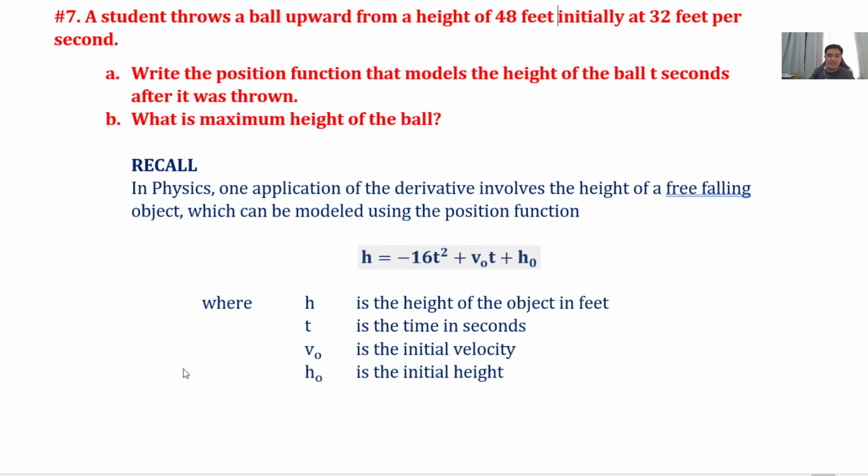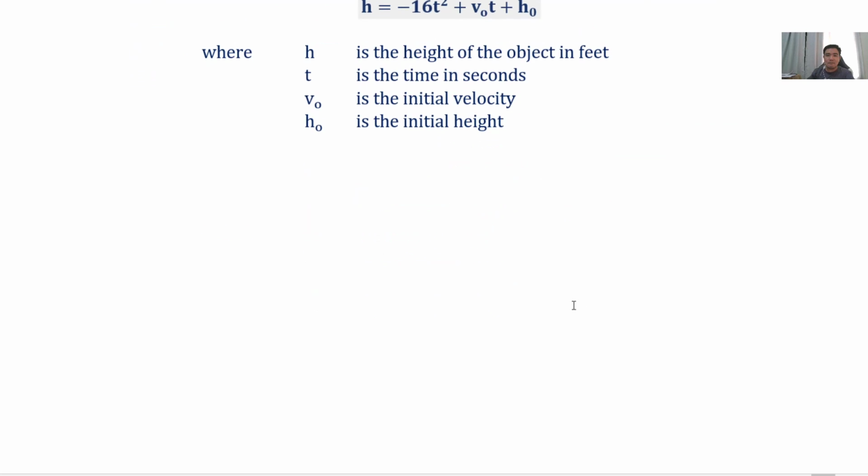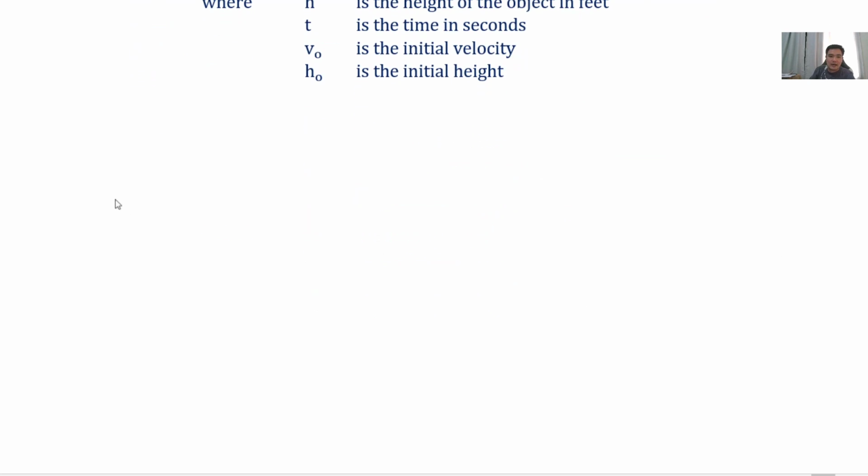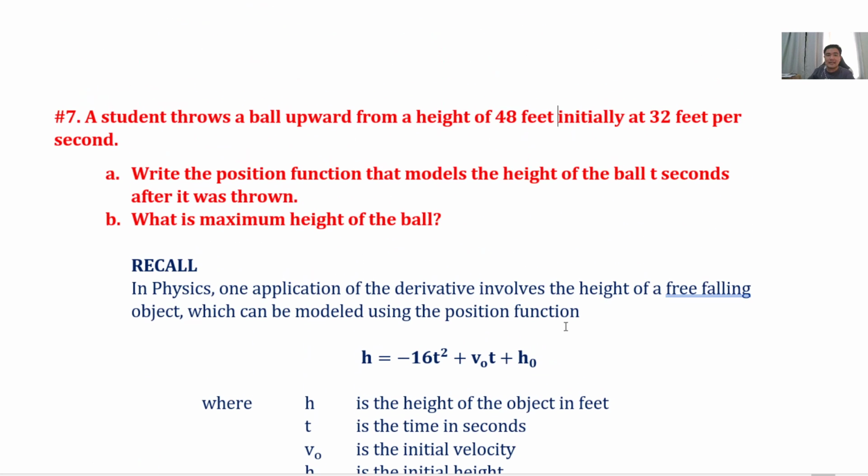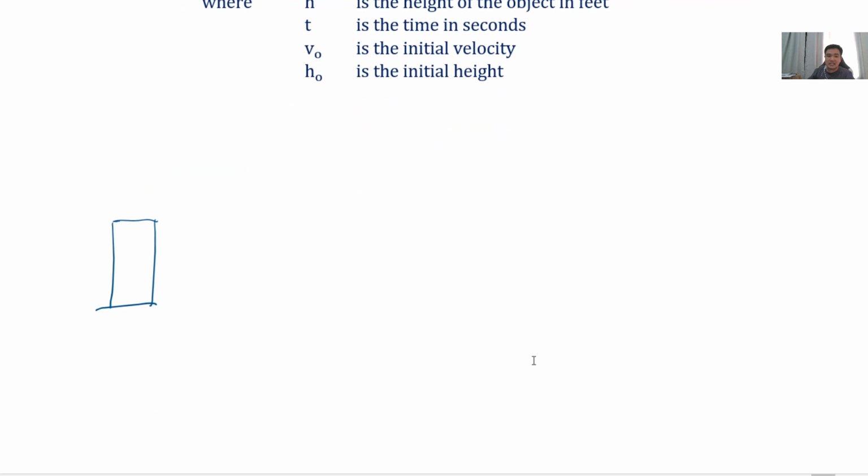Okay, so parang itsura niyan, class, is 'yung bata, there's a boy. Ito 'yung cliff siguro. There's a boy, ang sabi doon, a student throws a ball upward from a height of 48 feet initially. So, this is 48 feet na, class, andito 'yung student. Ngayon, nagtapon siya ng ball.